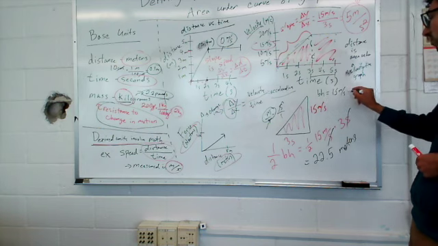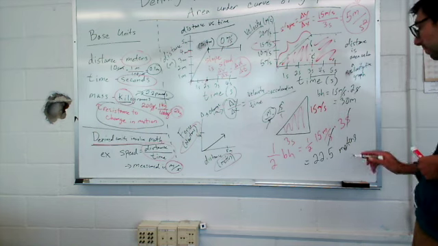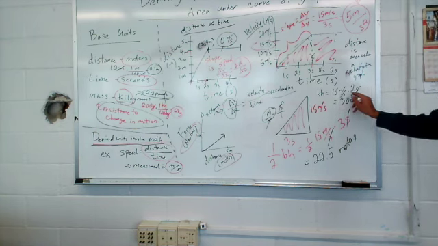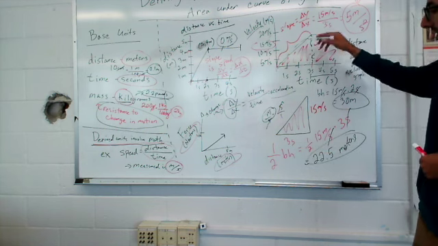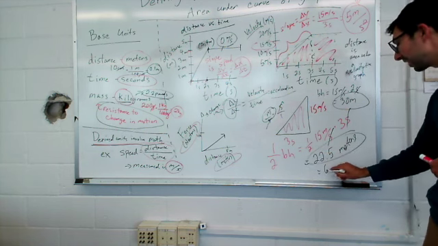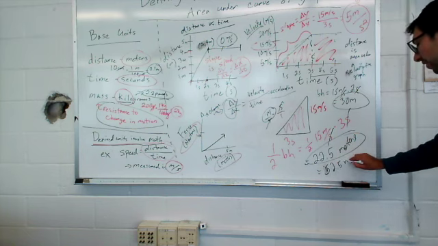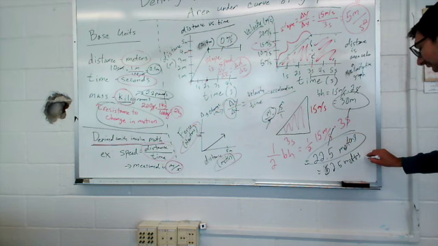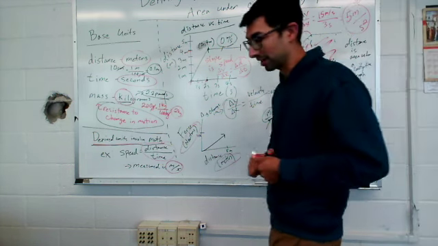So 15 meters per second times 2 seconds, and you get 30 meters. So now we have 30 meters here, 22.5 meters here. The total distance traveled is 52.5 meters. That's our total distance traveled by this object, 52.5 meters.